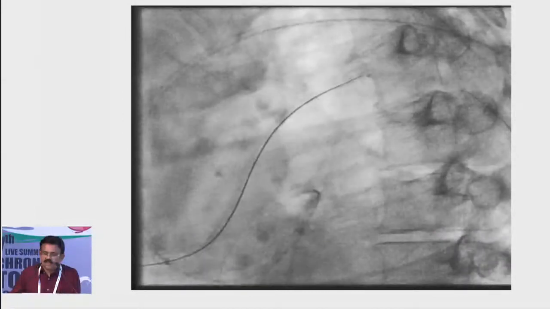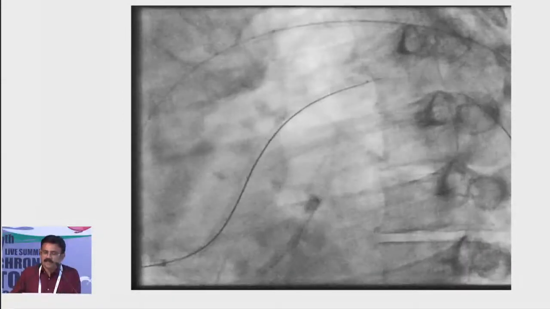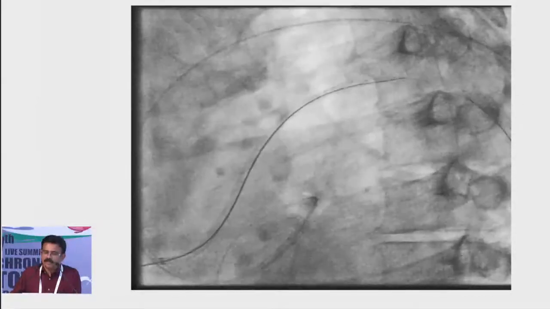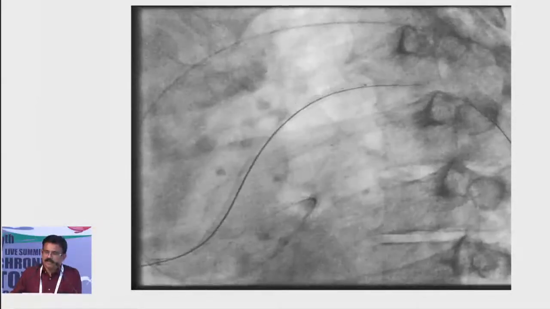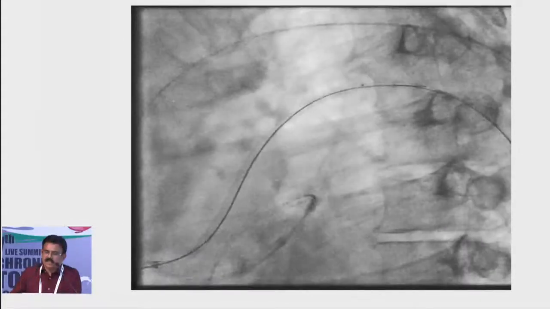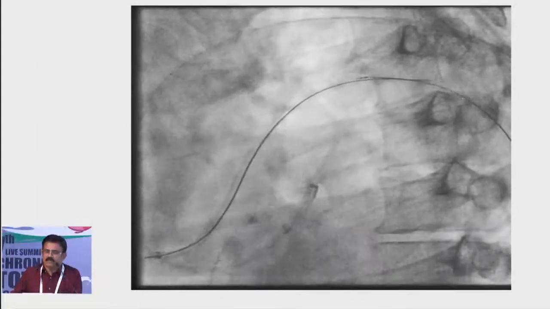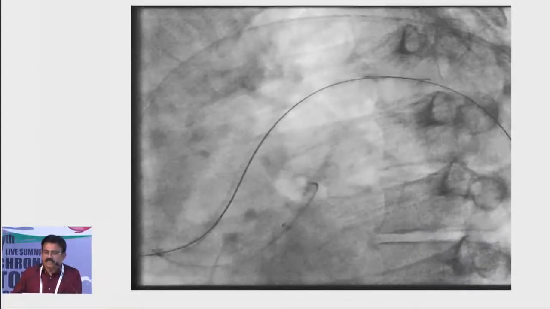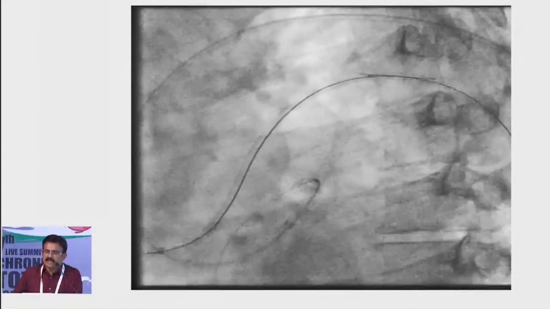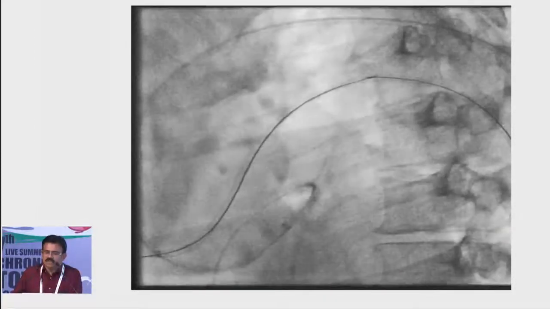You can see the wire I am pushing, but it is not in the right track. I understood that because this wire, the antegrade wire, easily crosses the microcatheter, but the retrograde wire is in a different plane. Once it is in a different plane, what I decided actually, I kept the wire in the antegrade wire and removed the retrograde wire again.